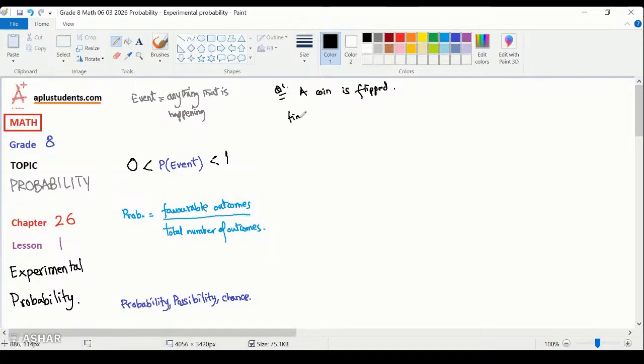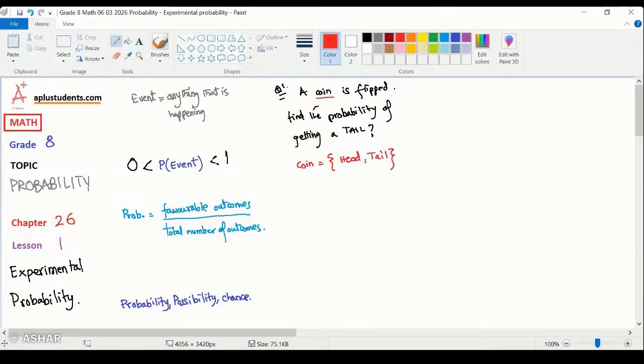Find the probability of getting a tail. So we know that a coin always has two possibilities. Either we can have a head or we can have a tail, right?